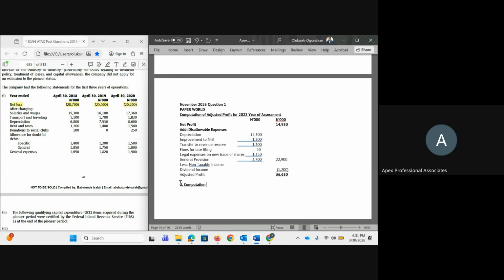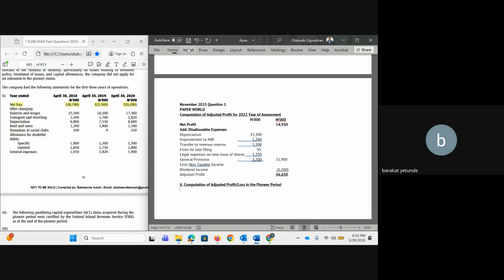Do you understand? Now we are not certain of profit or loss in the pioneer period. Does it make sense? So let me do a table here.